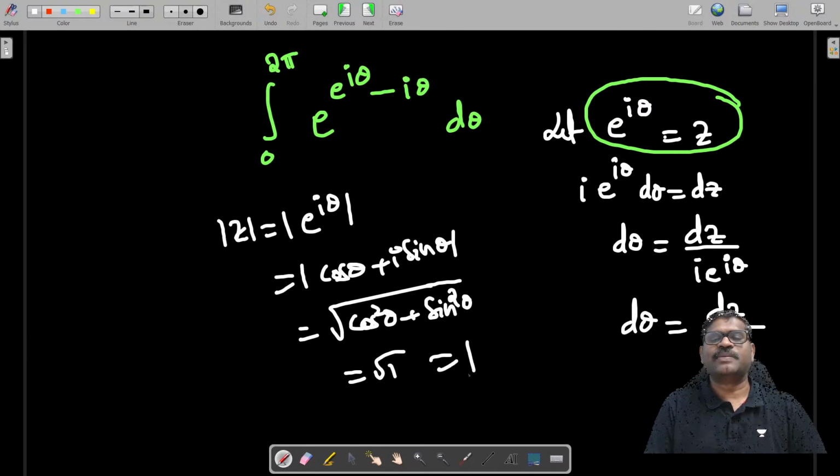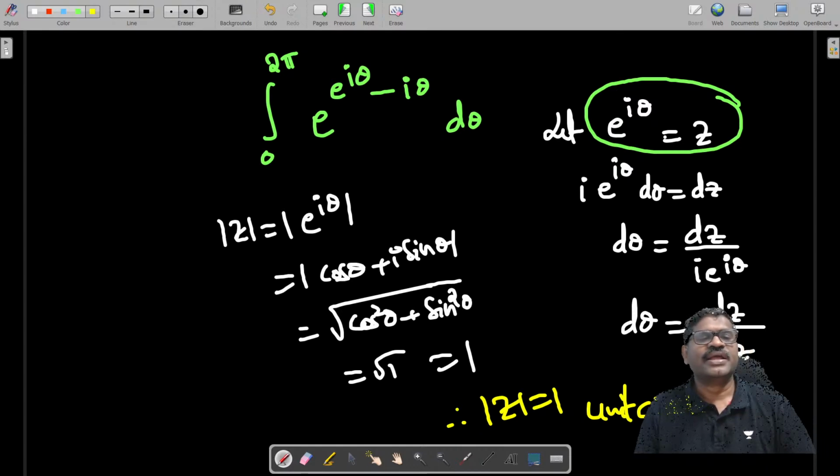Therefore mod z equals 1, the curve is unit circle. Understood?